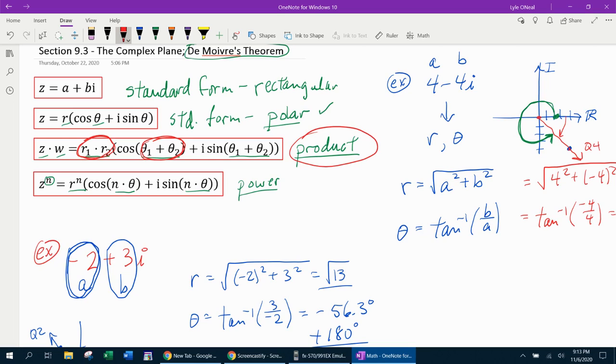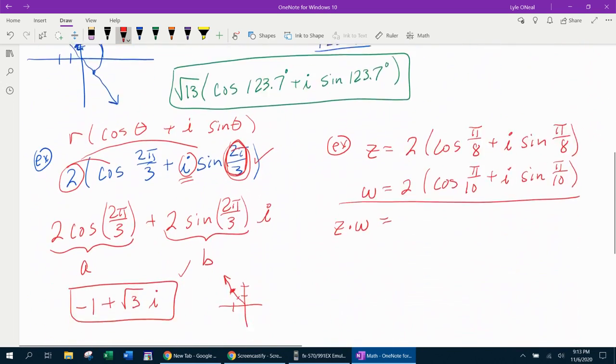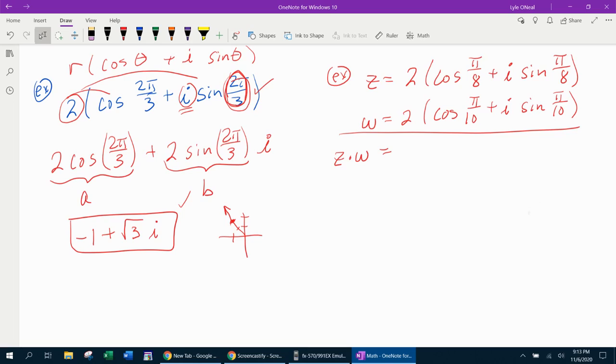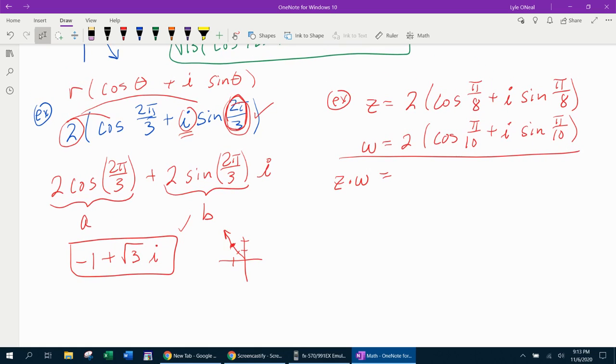Super easy. We're just going to multiply the radii and add the angles together. And this is where I got to say product means stack them. If you stack them one on top of the other, it lines up the pieces that go together. So the 2's, those are the radii. 2 times 2 is 4.